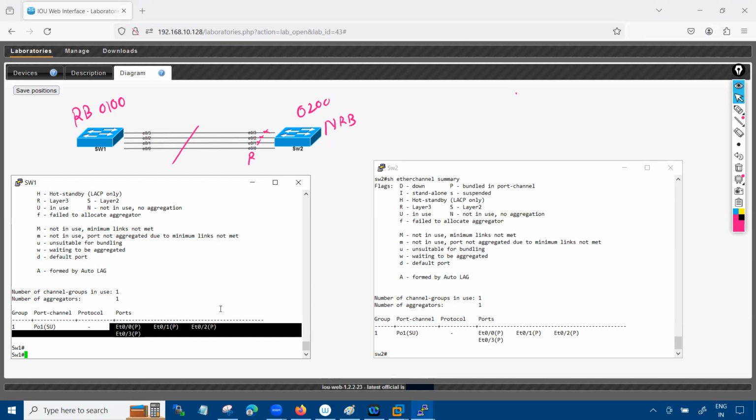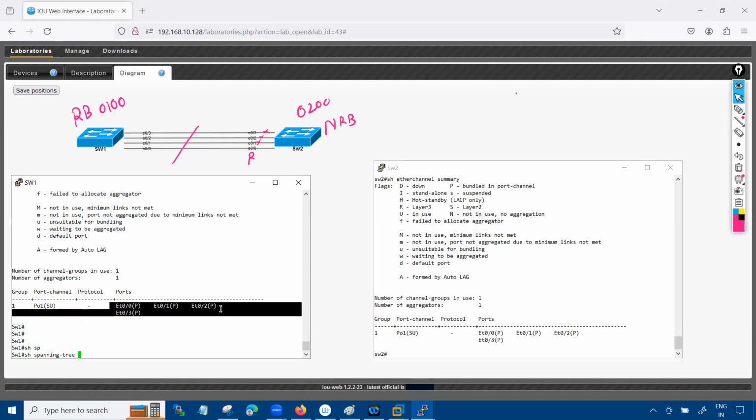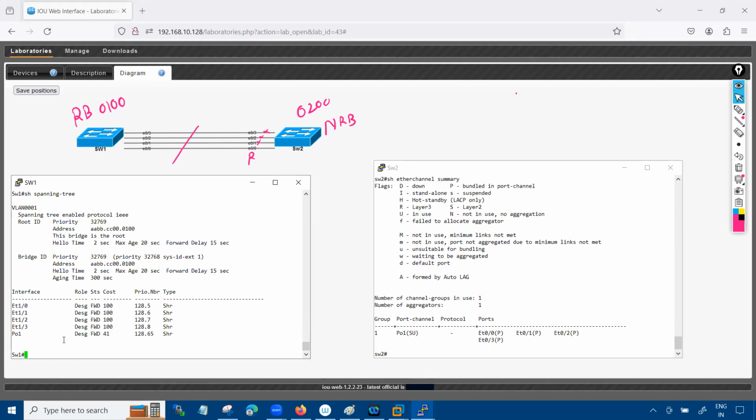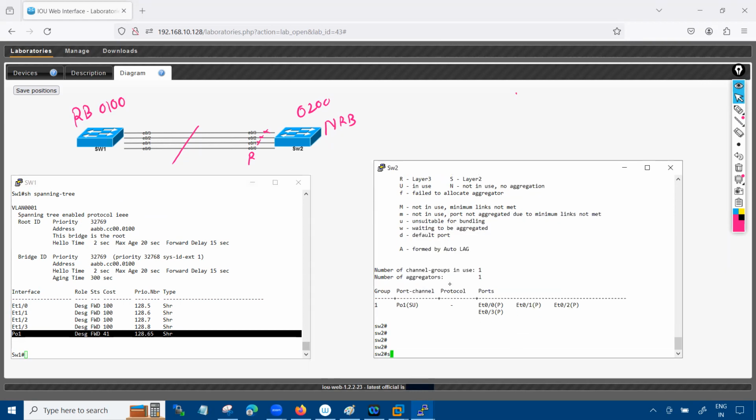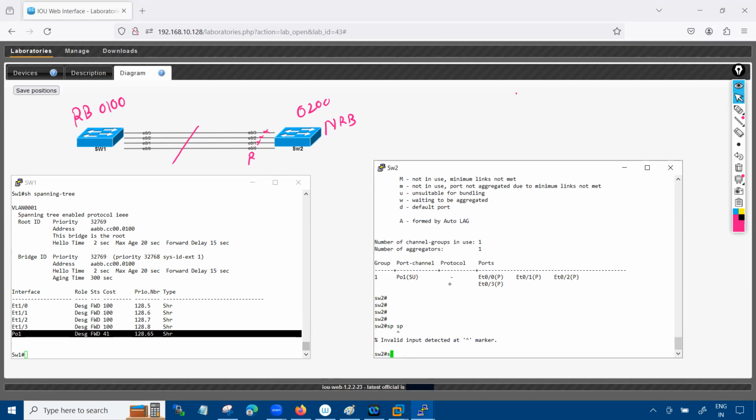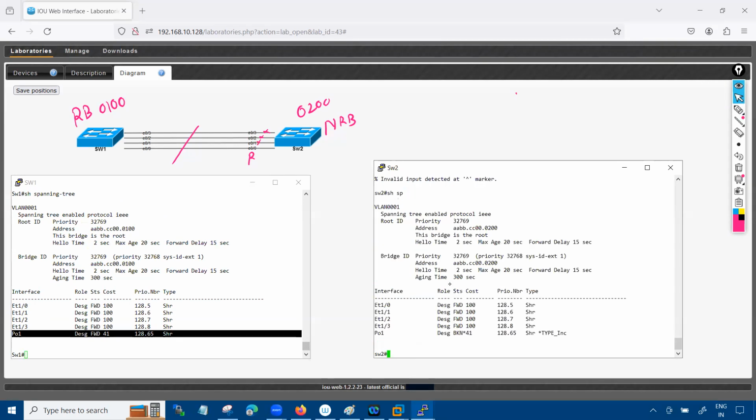The beauty part, if you see right now, the spanning tree: all these links, E0/0, 1, 2 and 3, are not there now. They are converted into Port-channel 1, so we are running spanning tree on the port channel.